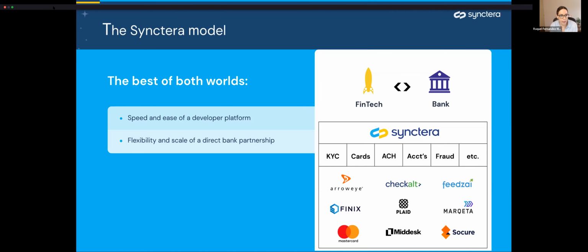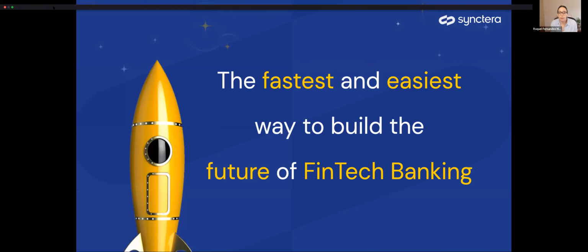That's a high-level overview. What is really important to us, especially in product development, is our mission: to be the fastest and easiest way to build the future of FinTech banking. When we think about our products and the problems we are trying to solve, we really think about us as the center of it.